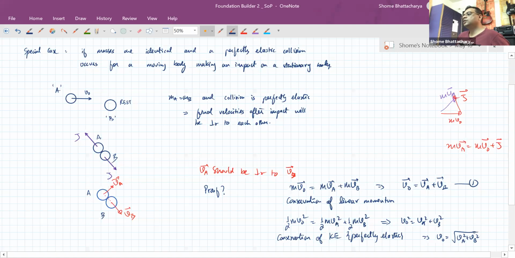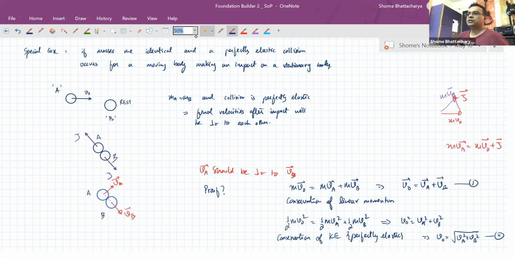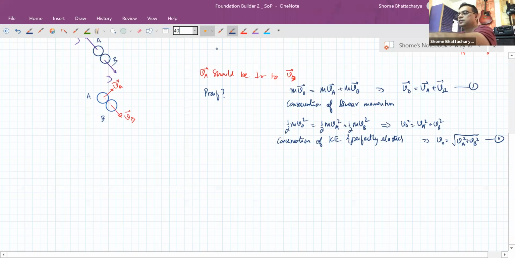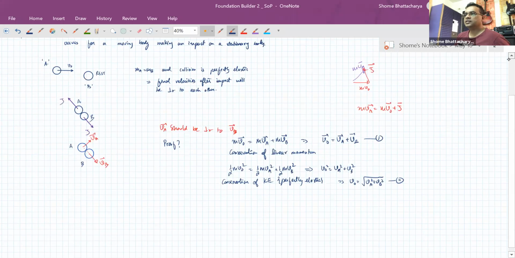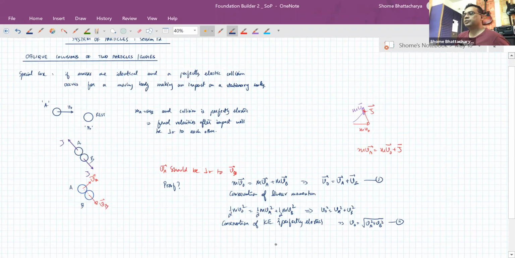Now the moment you compare equations 1 and 2, you can see the proof of why VA is perpendicular to VB. The vector sum of the two vectors VA and VB is such that the magnitude of the vector sum is the square root of VA square plus VB square. That means they have to be perpendicular, which is something you understand from vector algebra. So the moment these two conditions are satisfied, that the masses are equal and that kinetic energy is conserved, VA has to be perpendicular to VB.